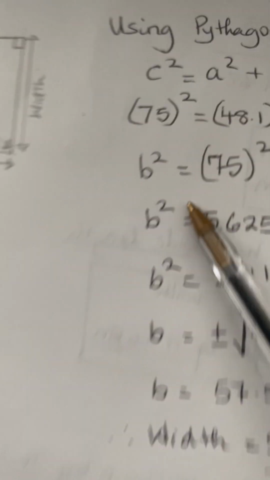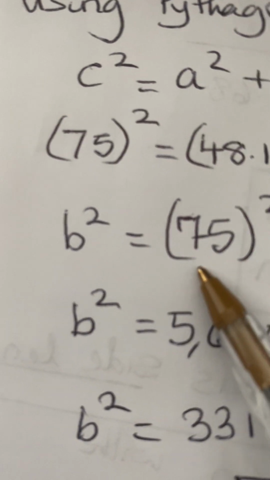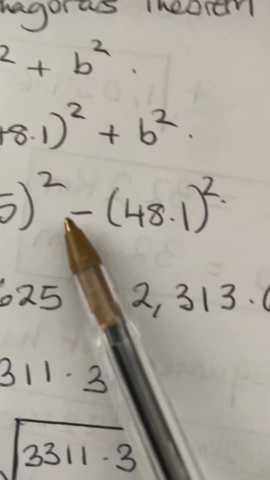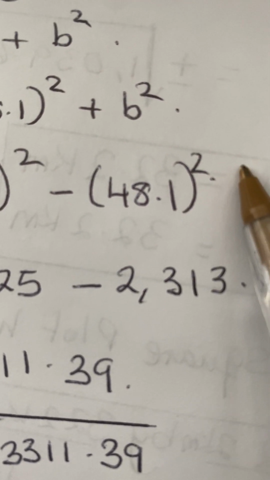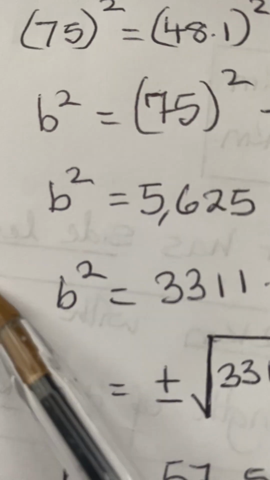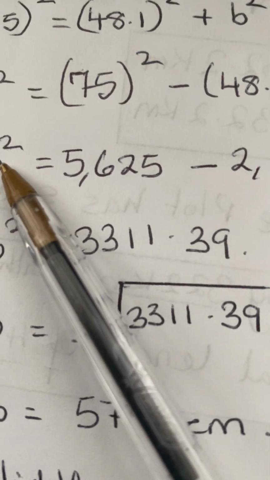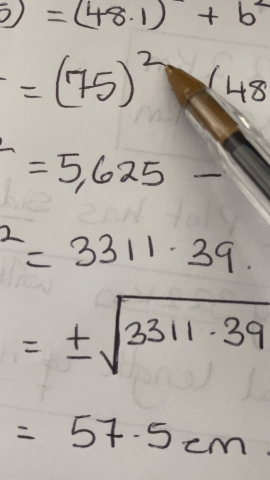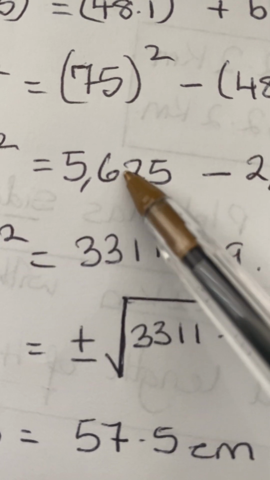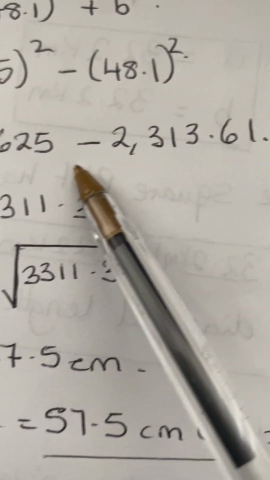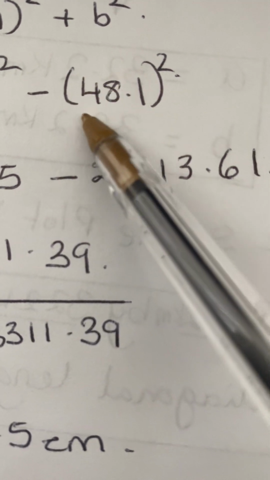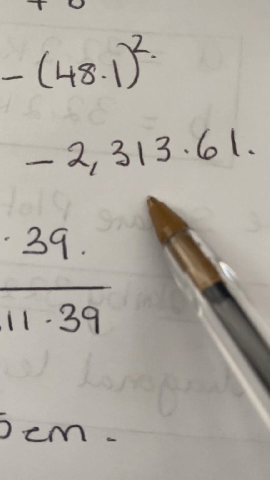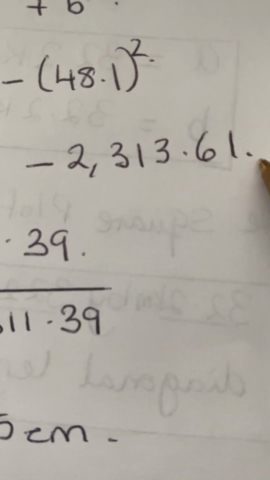So b squared will be 75 all squared minus 48.1 all squared. If you do 75 all squared on the calculator, it will be 5625, minus 48.1 all squared, which will be 2313.61.